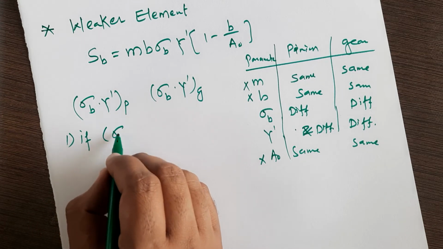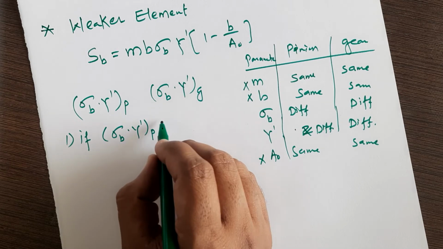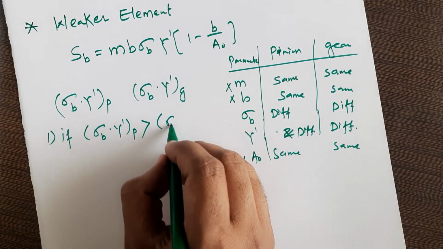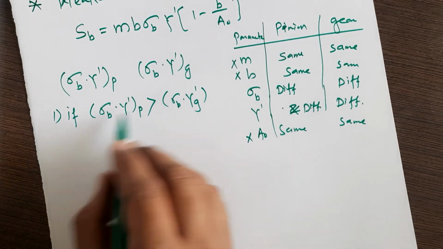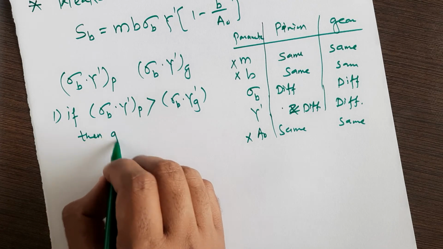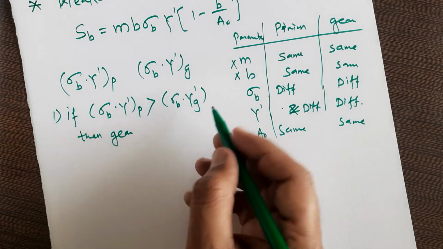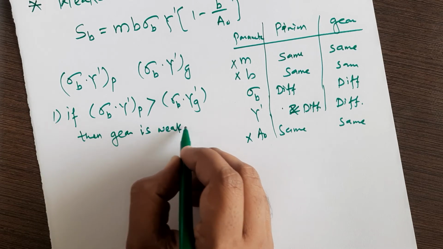First condition: if sigma B into y dash for pinion is greater than sigma B into y dash for gear, then the pinion is stronger and the gear is weaker.